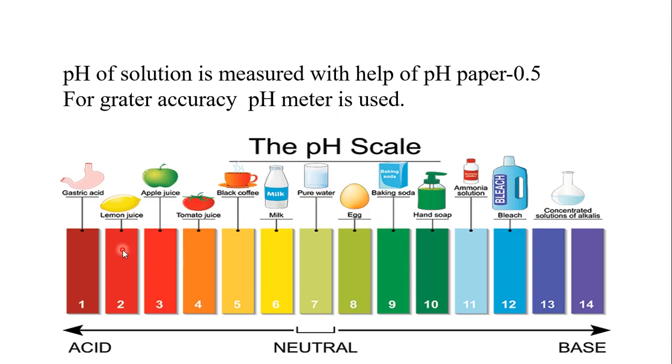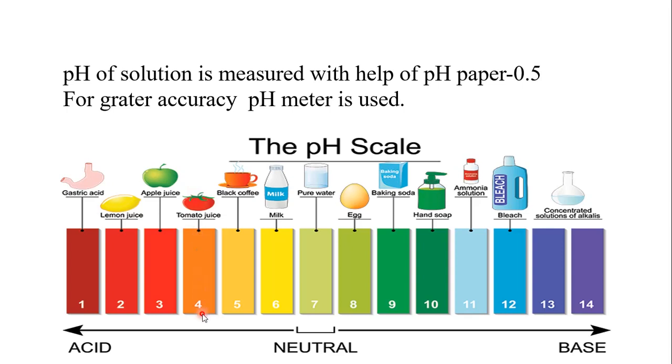And here are examples of some common solutions which we use in our daily life, and you should know their pH. For example, gastric acid has a pH of 1. Lemon juice has pH 2, very acidic in nature. Apple juice has pH 3.